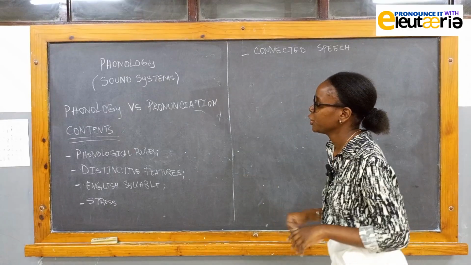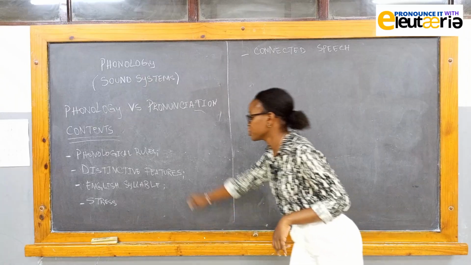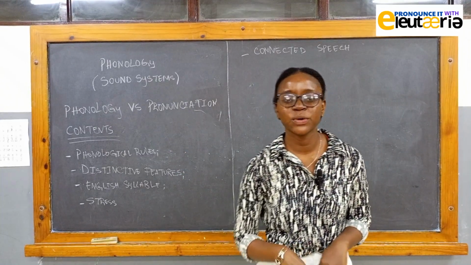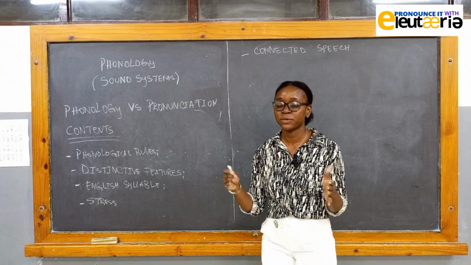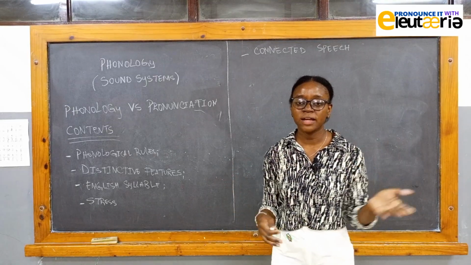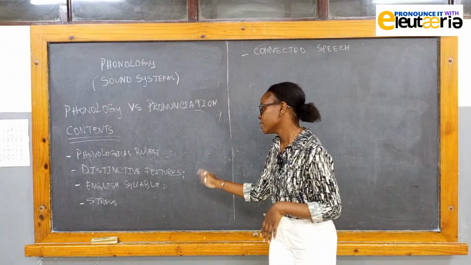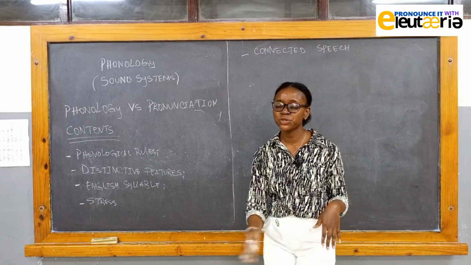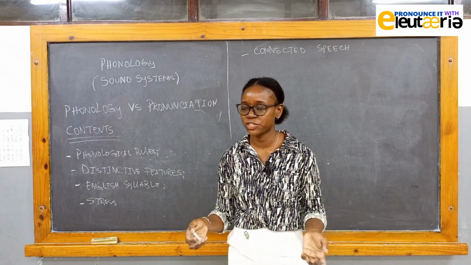So in phonology, we are going to have a look at phonological rules first. In phonological rules, we are going to analyze the interaction between neighboring sounds, how one affects another and what changes one causes in another. Then we have distinctive features, which are aspects that we use to distinguish sounds in the English language.